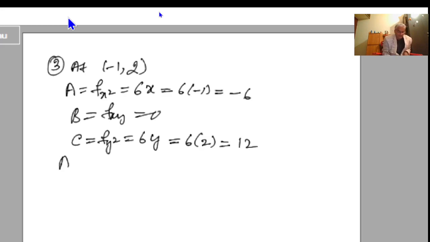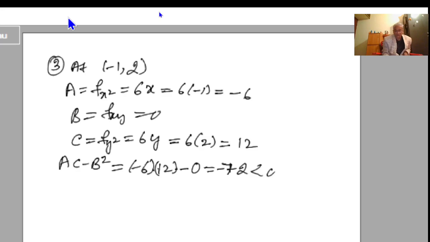Now again we find AC minus B square. A is minus 6 into C is 12, minus B square, minus 0. This is equal to minus 72, less than 0.